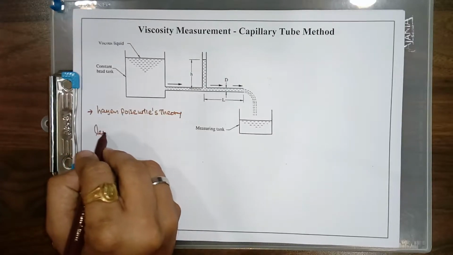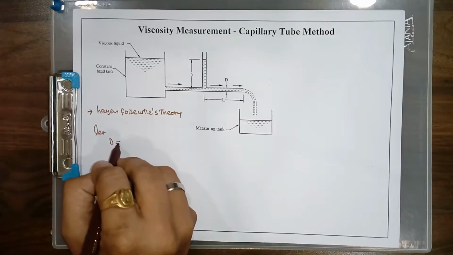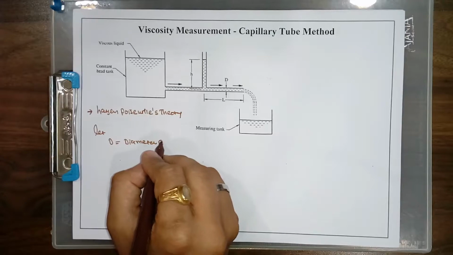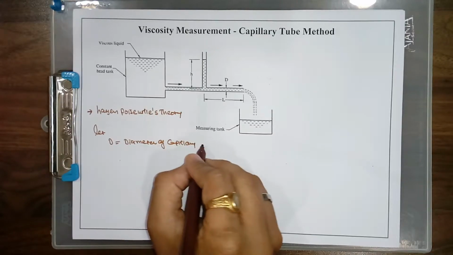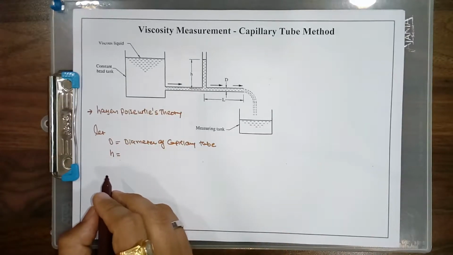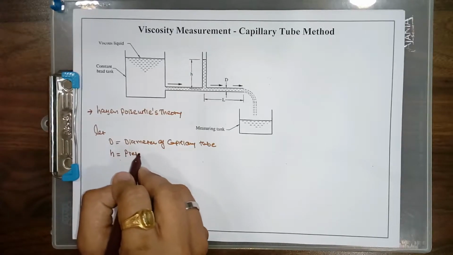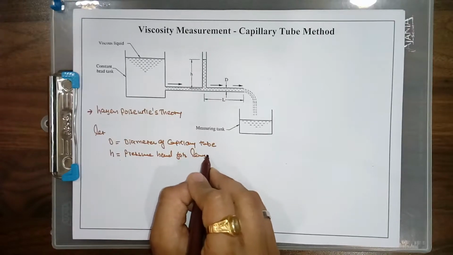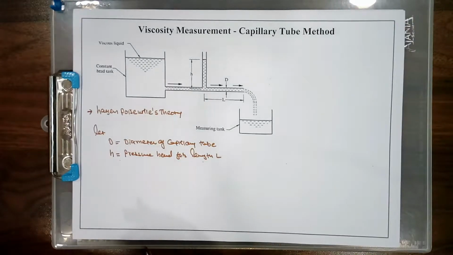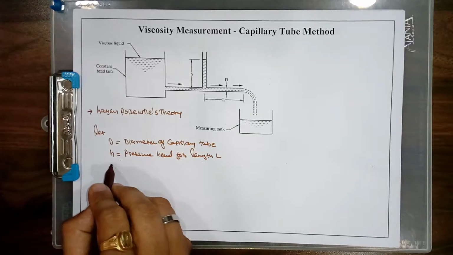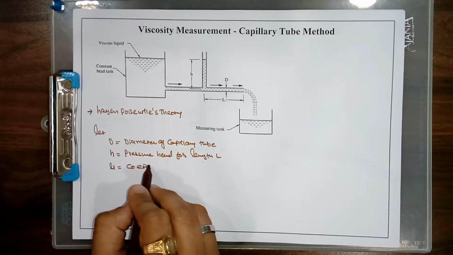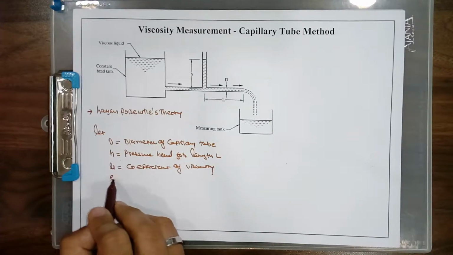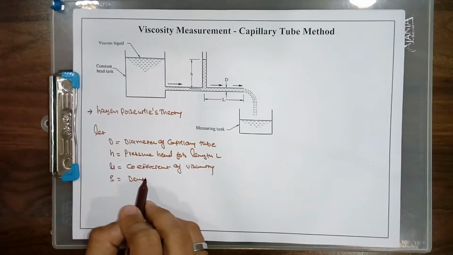So let d be the diameter of the capillary tube, then h, mu is the coefficient of viscosity, then rho is the density of fluid.